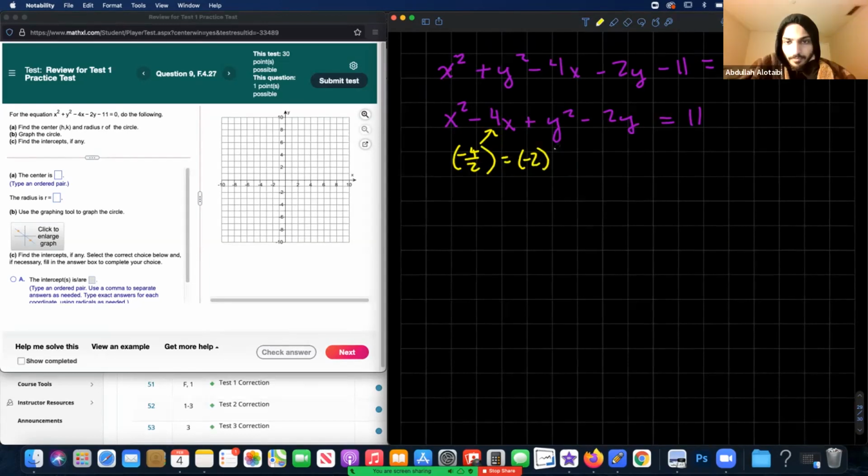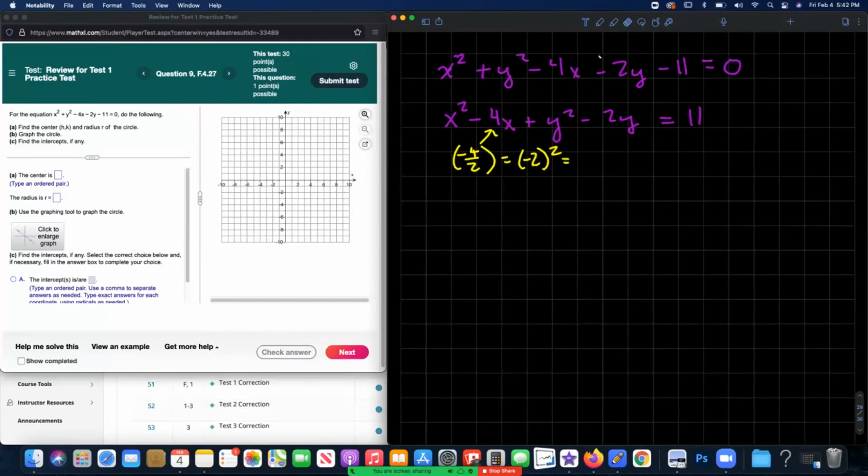And then square it, which is 4. So it's negative b over 2, squared. So what you'll end up with is x squared minus 4x plus 4.